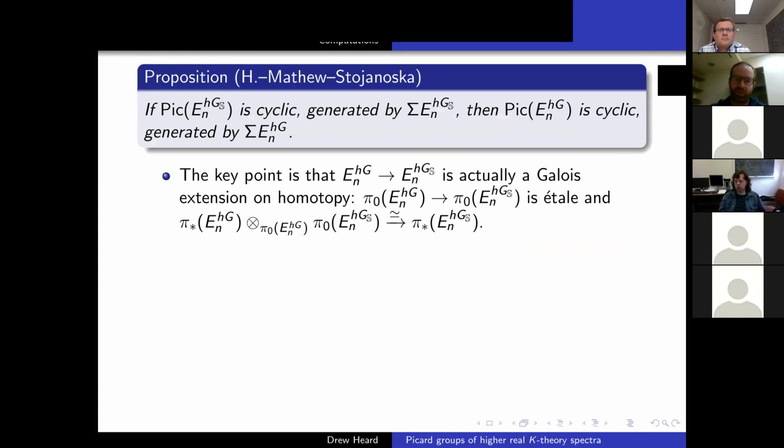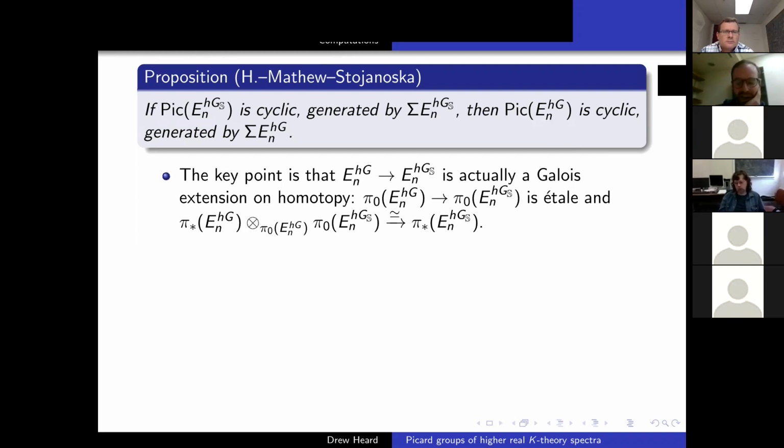So how do we prove this? Well, from this big group to the one intersected with the stabilizer group, it turns out to be very nice. It's a Galois extension even on homotopy. So after applying pi naught, this map is étale, and you have this nice decomposition on homotopy groups.